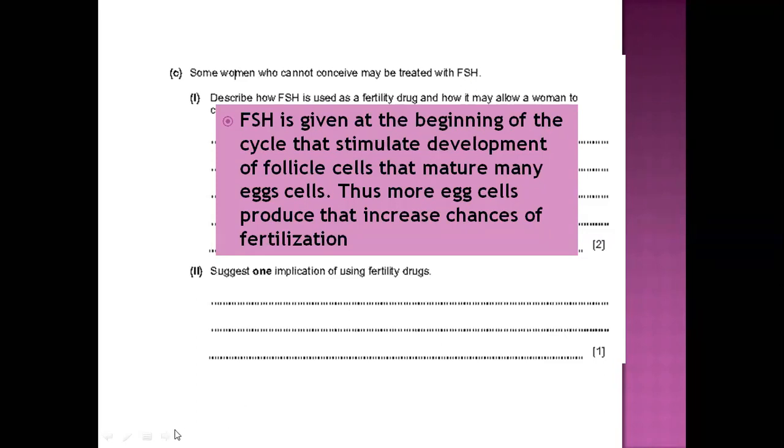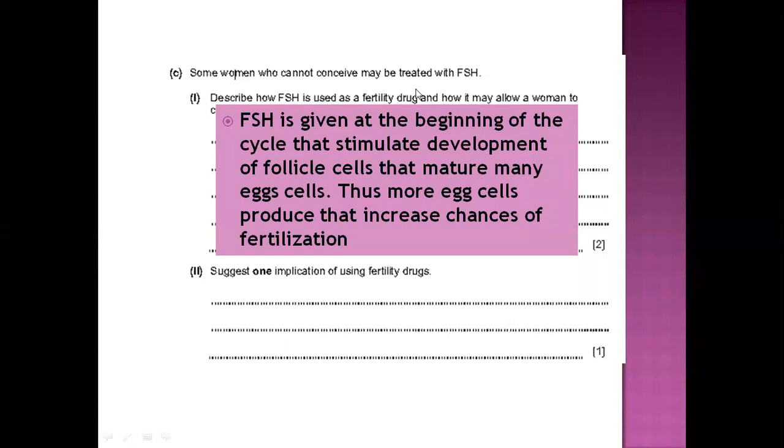Okay, now let's move toward another question. Suggest one application of using a fertility drug. What do you think about this question? What conclusion can you draw from using fertility drugs?